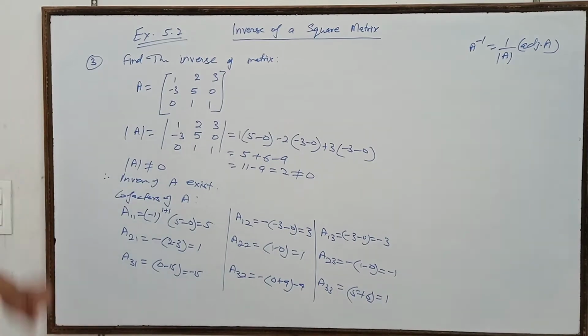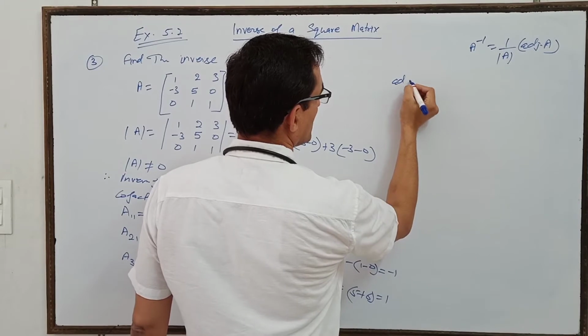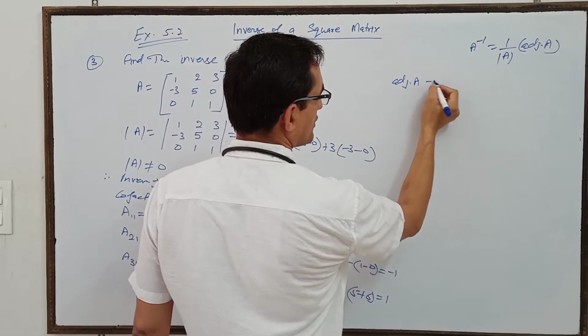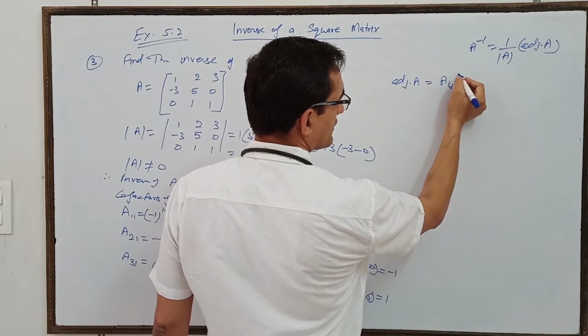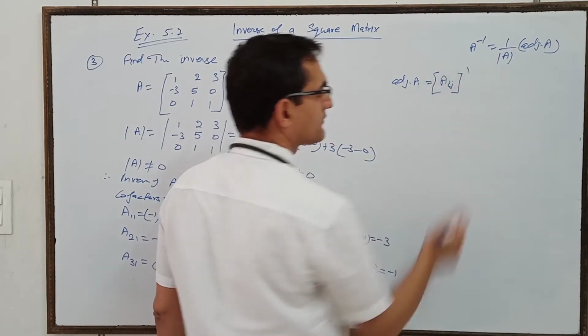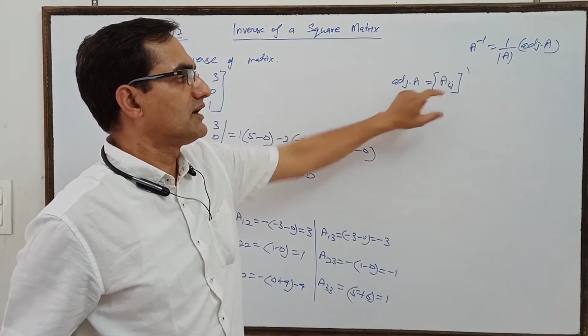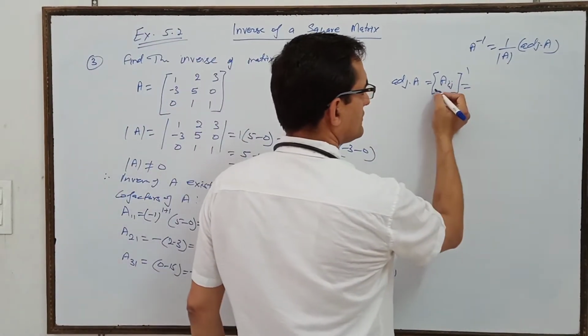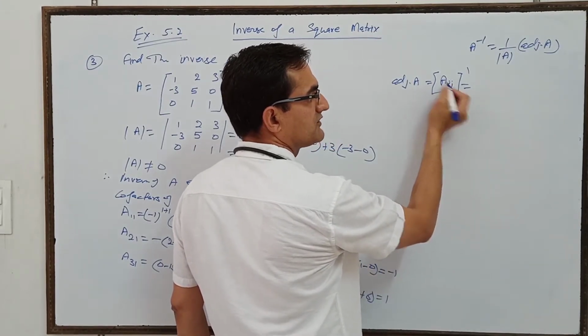So we have to find the adjoint of A. Adjoint of A is equal to the transpose of the cofactors of this matrix A. These Aij represent the cofactor of the ijth element.